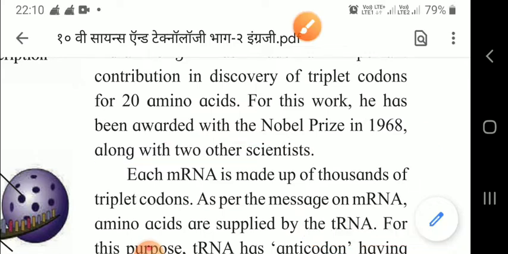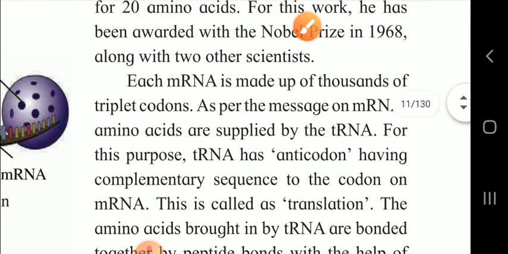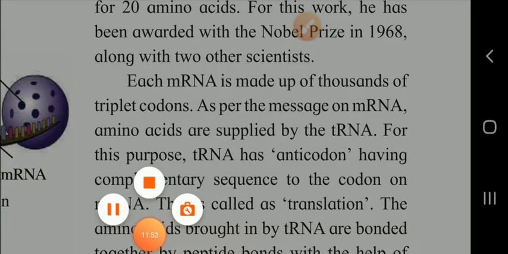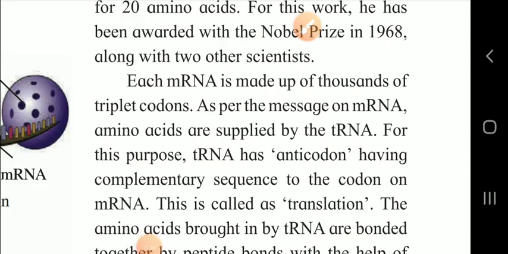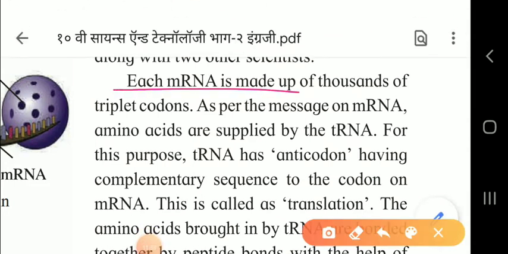Now each messenger RNA is made up of thousands of triplet codons as per the message of the mRNA. Here you have to underline that messenger RNA is made up of thousands of codons.